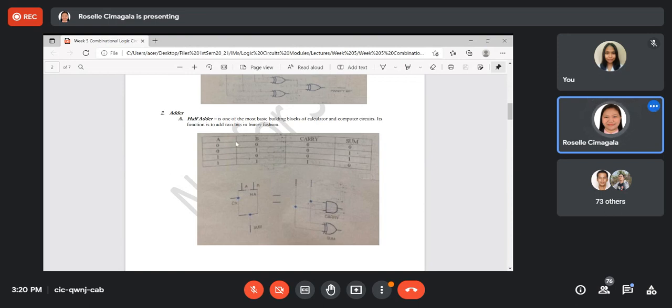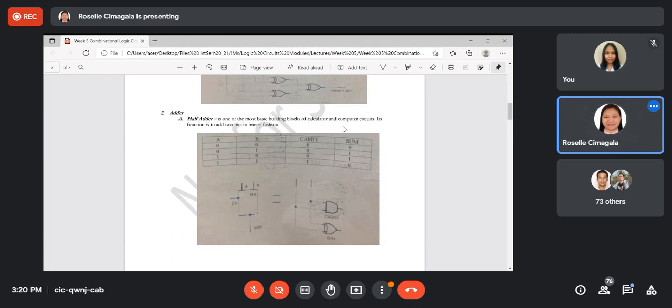The adder circuit is one of the most basic building blocks of a calculator. Inside your computer system are just logic circuits, and basic building blocks of a calculator. Actually, everything that happens inside a computer system is like a calculator. The role of a calculator is that there is no subtraction, only addition, because subtraction is still addition, but you are adding different signs.